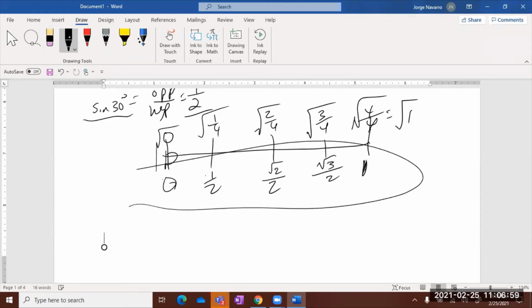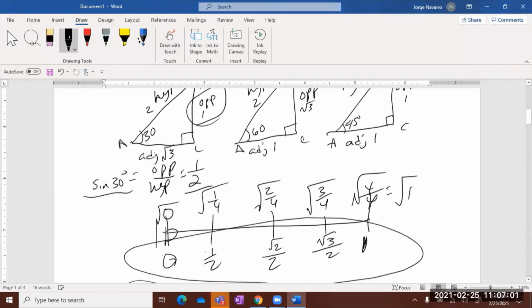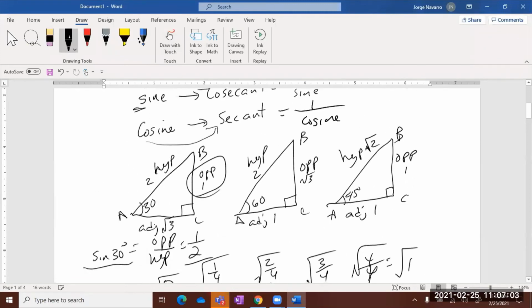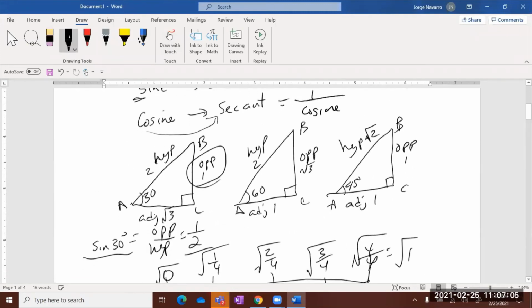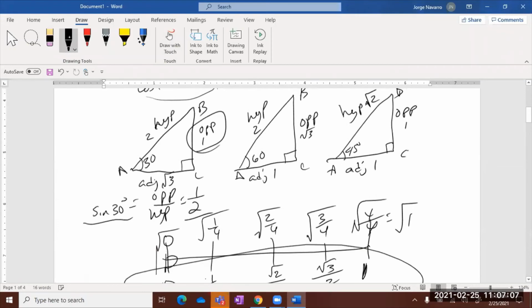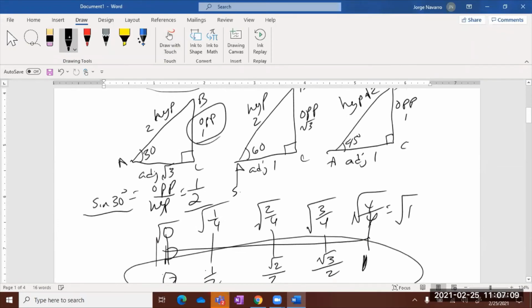And these, I'm telling you, are the same values as if I go looking at each of these triangles. Because the sine of 60 is opposite, which is root of 3 over 2. The sine of 45, which should come before the 60, is 1 over root of 2, which gives me root of 2 over 2.